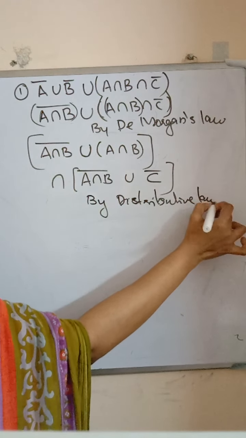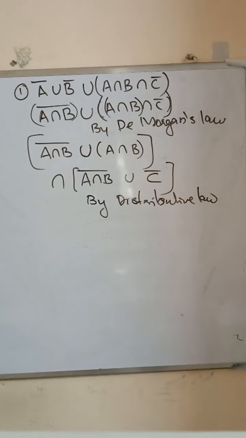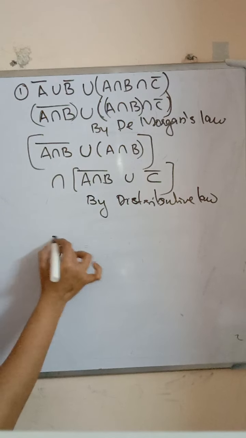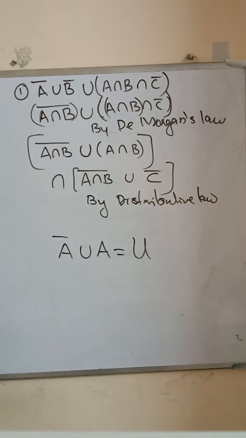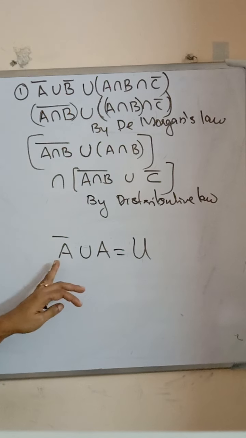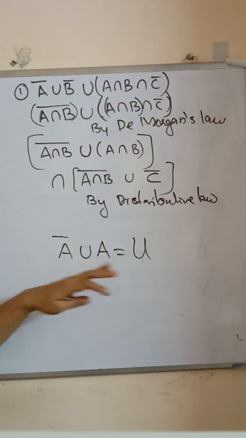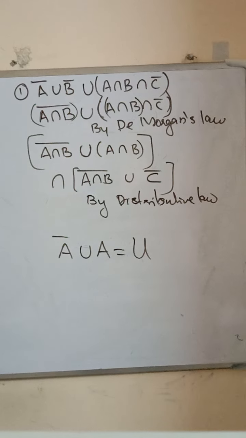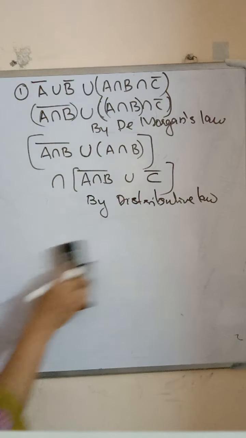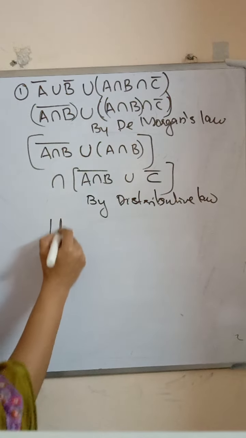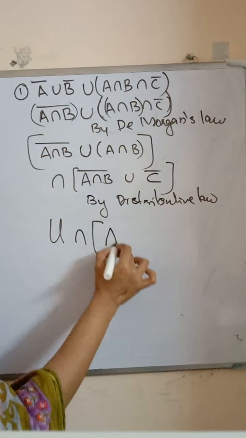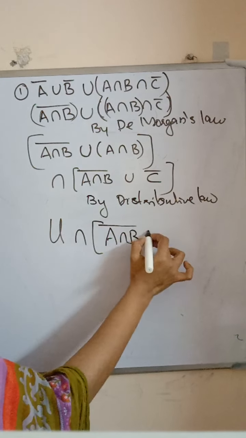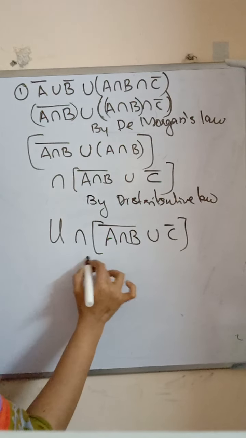Then we know that A complement union A is equal to the universal set. That is the inverse law in set theory. We know that a set union with its complement is the universal set. Using this, the first bracket becomes the universal set, intersection the second bracket, A intersection B complement union C complement, by inverse law.